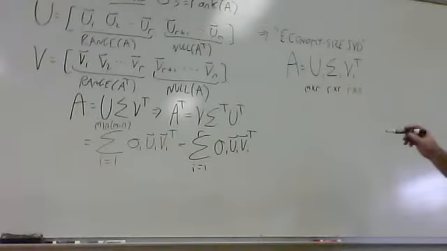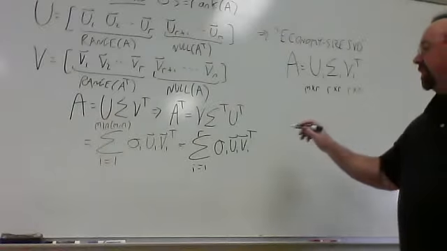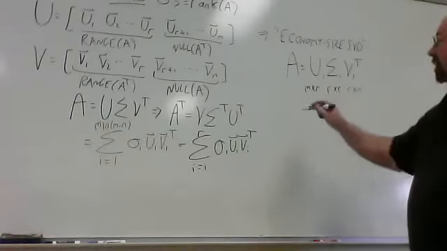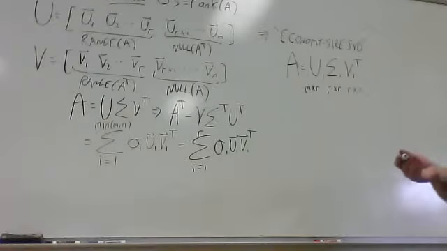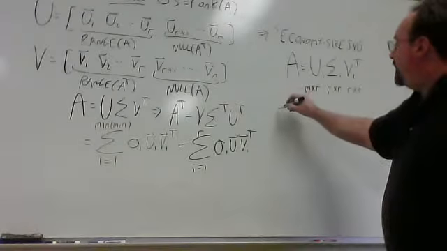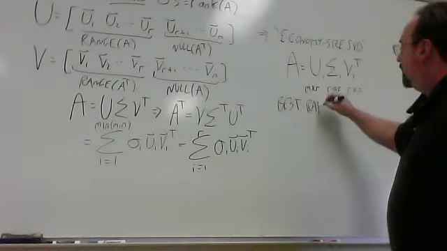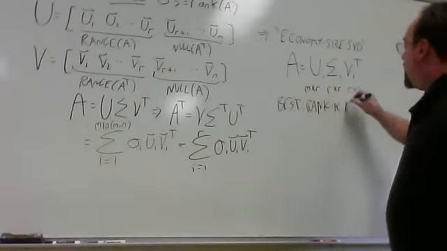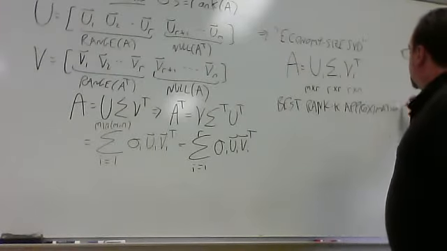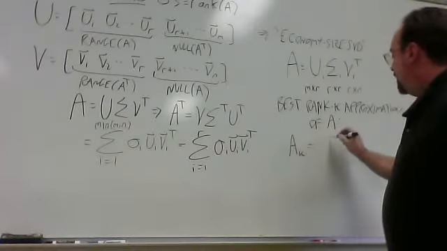Now let's suppose I truncate this expansion even further. So I have fewer than r terms. What does that mean? It gives me the best rank k approximation of A. I'll call it A_k.